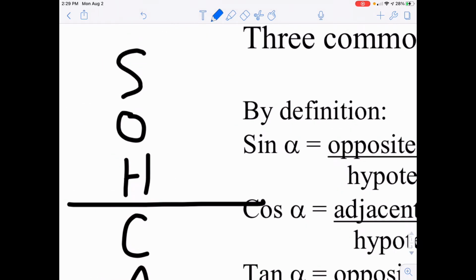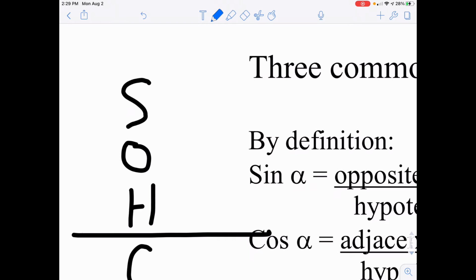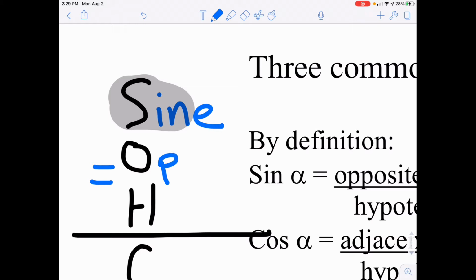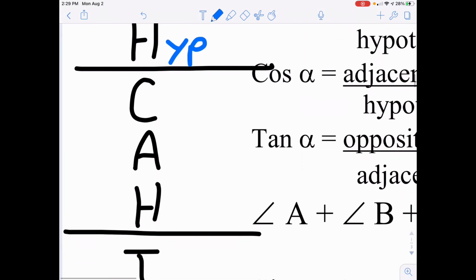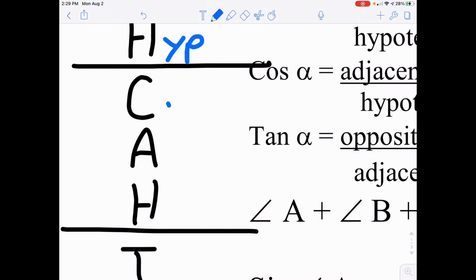SOH is an acronym abbreviation where S in SOH stands for sine. The abbreviation, of course, is sin, but the word is sine. And that's equal to the opposite side of the triangle divided by the hypotenuse. CAH, the C in CAH stands for cosine.